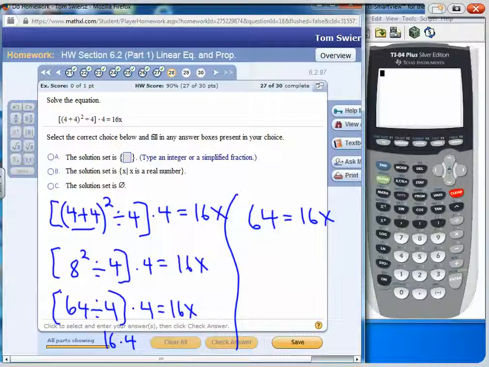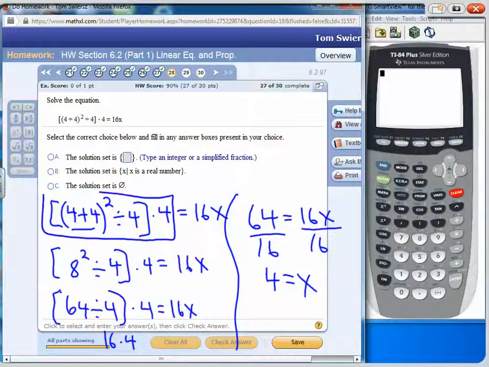Divide both sides by 16 and get 4 equals x, or x equals 4. Again, you could have put the left side into the calculator and gotten the simplification. So our one answer is x equals 4.